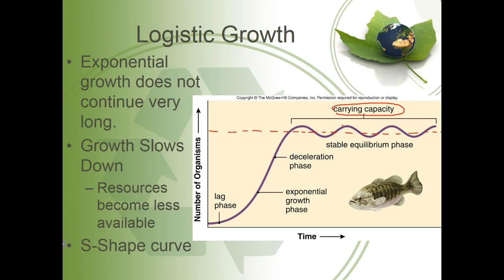And what are the things that go into this carrying capacity? It's the amount of resources, it's the amount of space, it's the amount of oxygen, it's the amount of food, all of these things play into where this carrying capacity can be. And this carrying capacity is kind of fluid, or it's kind of in a constant state of flux. The carrying capacity can move up slightly, and it can also move down slightly depending on the amount of resources. Okay?